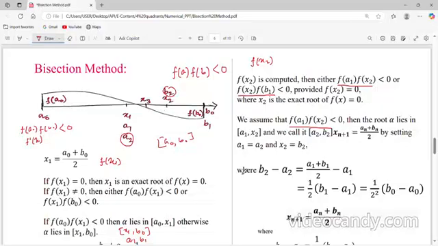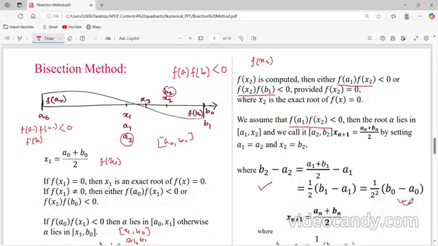So b2 minus a2 equals (a1 + b1)/2 minus a1. Again we know that a1 equals x1, and x1 equals (a0 + b0)/2. After simplifying, here we have (1/2^2)(b0 minus a0).